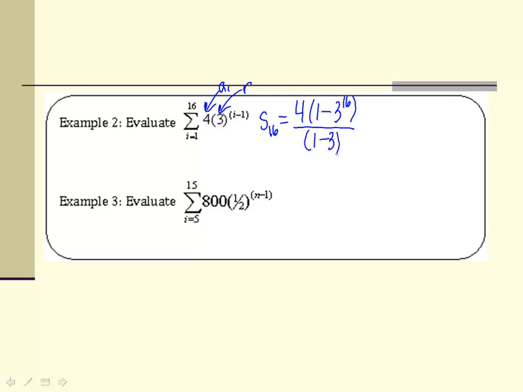So plug this into your calculator, simplify it. You should get 86,093,440.